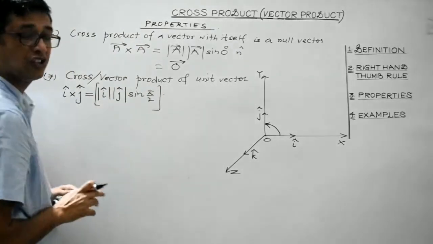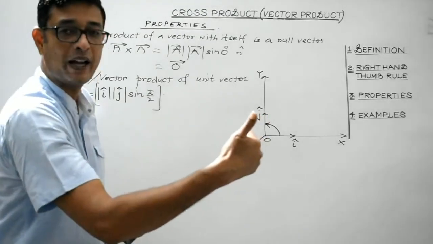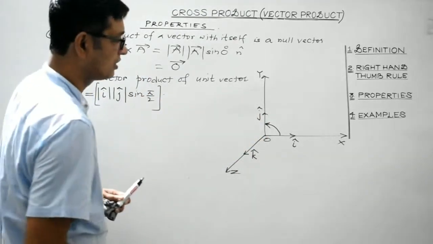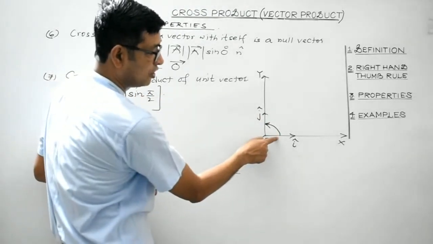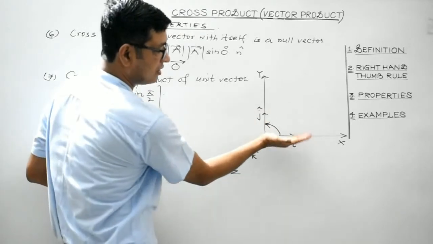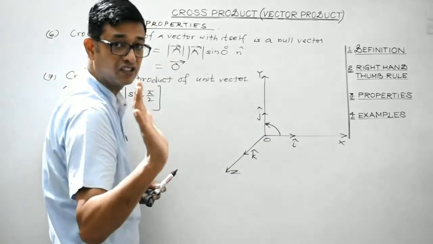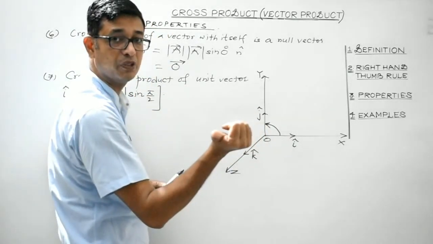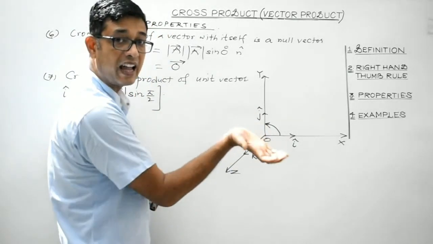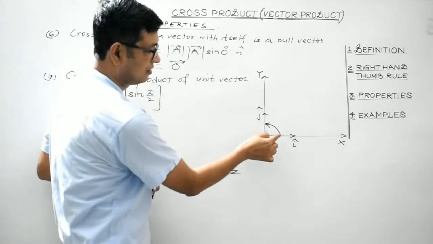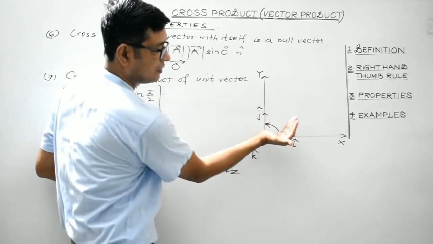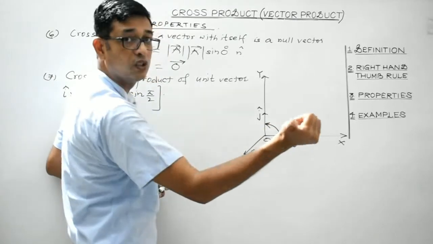And what about direction? Let's fall back to the right hand thumb rule. Look, friends. The angle is to be measured from i to j, that is in the anti-clockwise direction. So in the right hand, the fingers must curl in the anti-clockwise direction, as shown in the figure, like this. So the thumb is pointing towards the z direction.